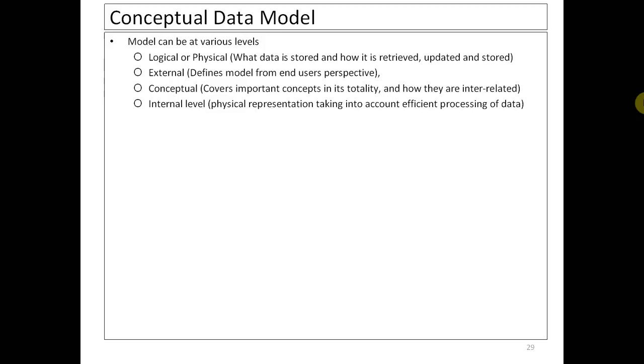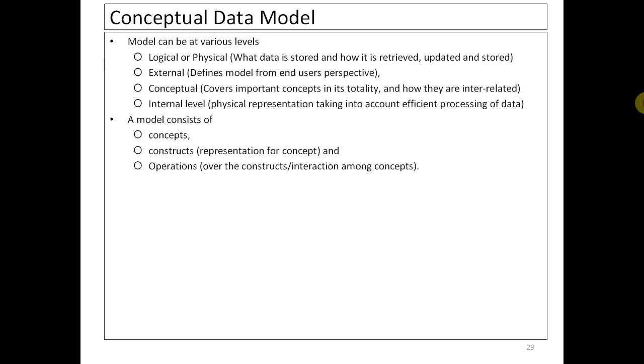These are the UML diagrams, state diagrams, activity diagrams, sequence diagrams, interaction diagrams. Conceptual model covers the important concepts in their totality which are related to business and how these concepts are interrelated. And internal level models, that is the physical representations which take into account efficient processing of data.